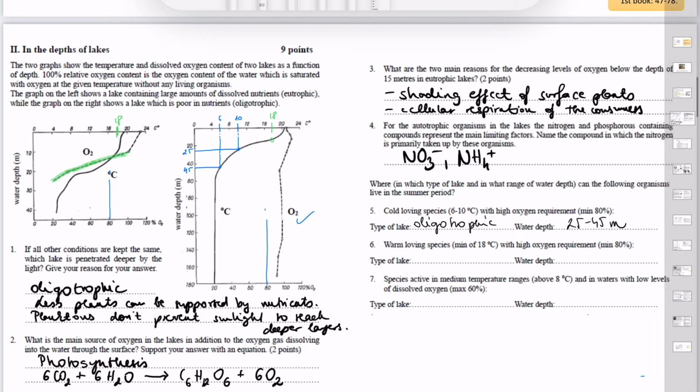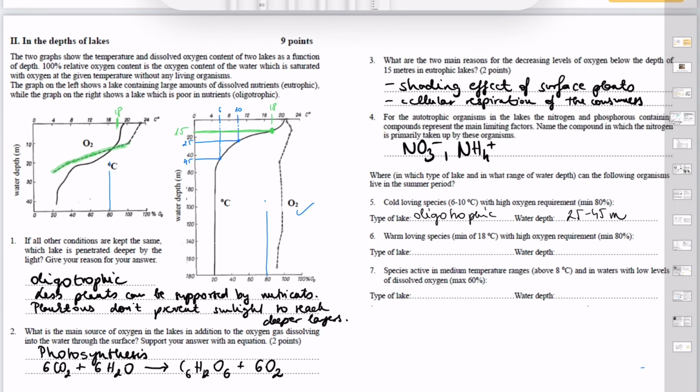So I just stick to this one and I try to figure out what water depth it is indicating. It's approximately 15 meters. But I have to tell you that the eutrophic lake is also a good answer in here. So oligotrophic, and the water depth is 0-15 meters. In the key it's 0-15.